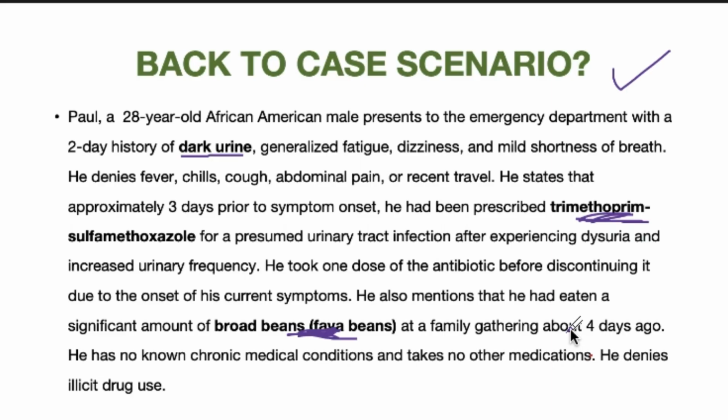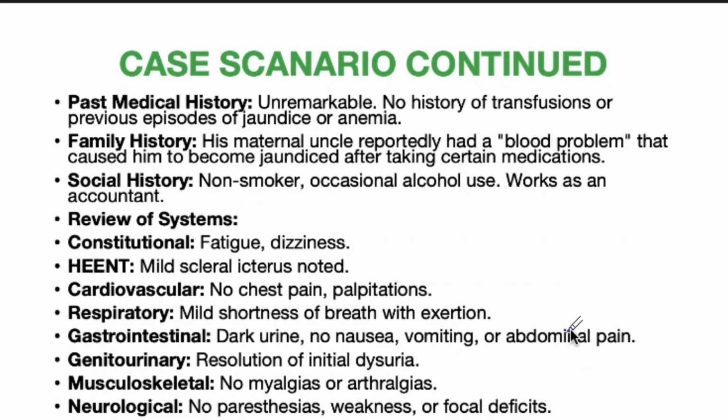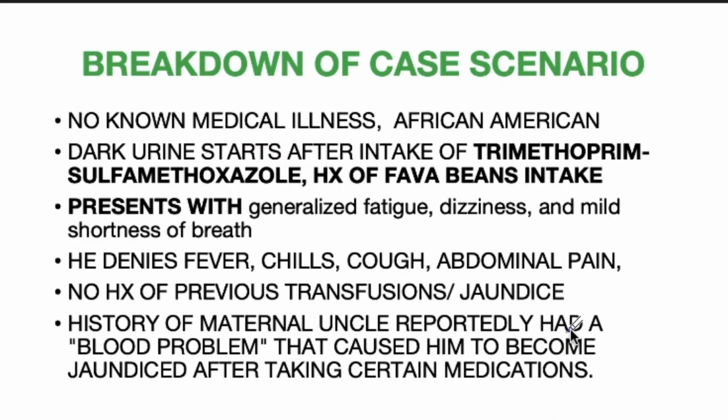So in this case scenario, Paul has been well until when he started having dysuria, which is a burning sensation upon urination. So Paul visits the hospital and he's given the antibiotic trimethoprim sulfamethoxazole.